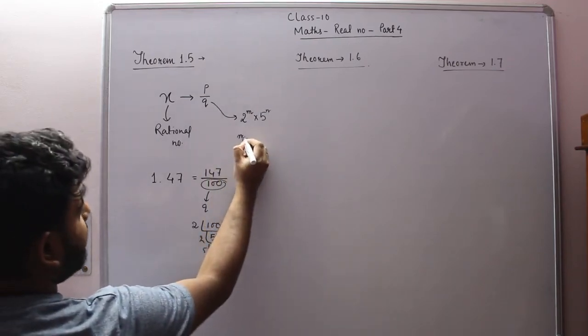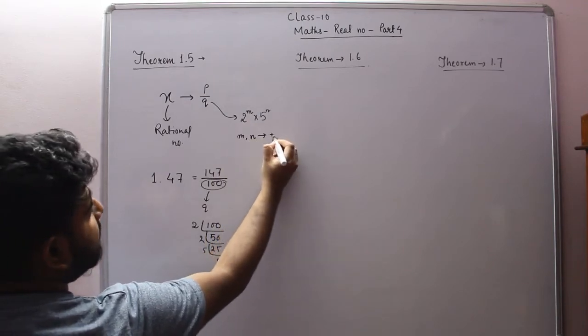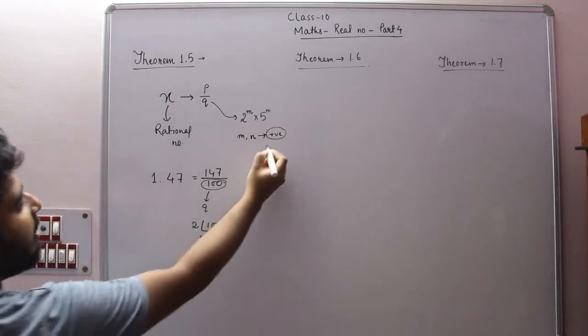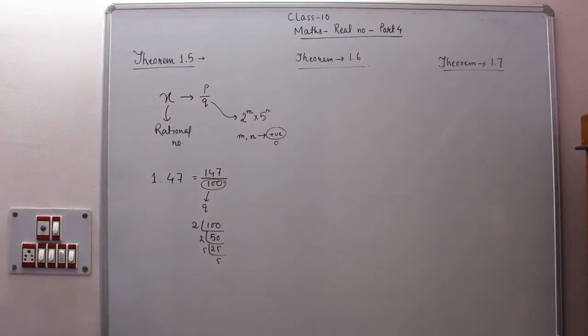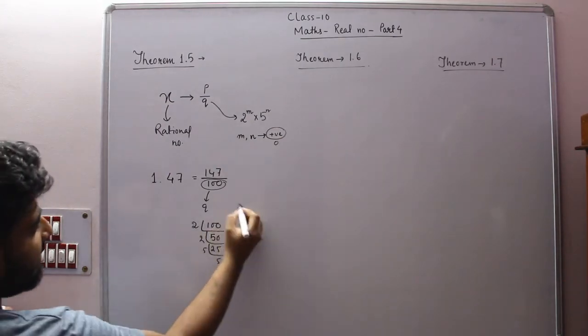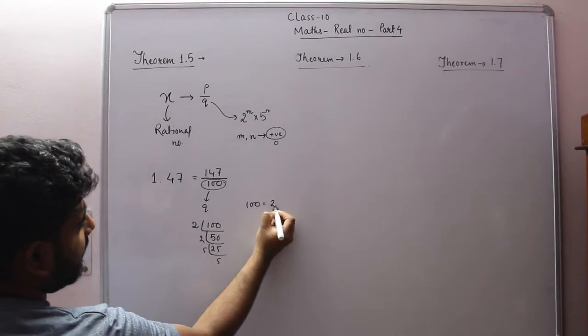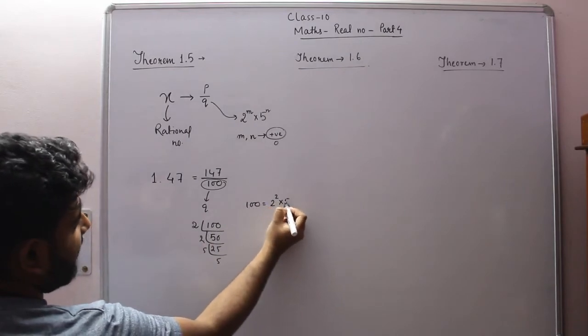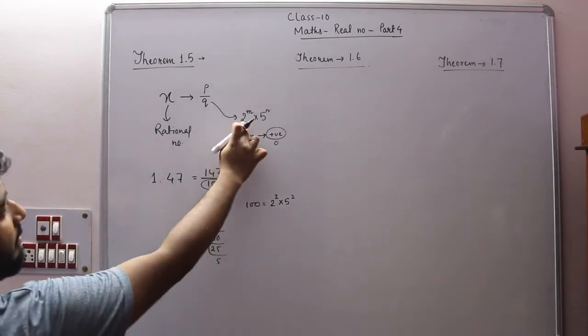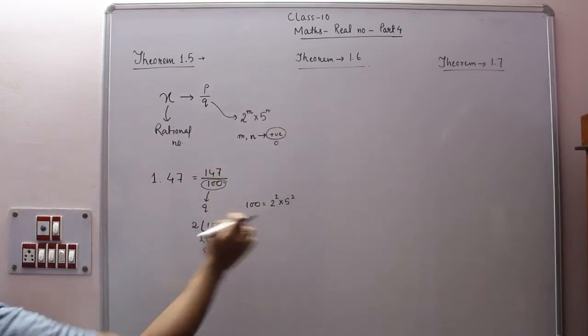That means they must be positive integers or they can be 0 also, right? So yes, we have seen 100 can be written as 2 to the power 2 into 5 to the power 2. That is what we mean by 2 to the power m into 5 power n.